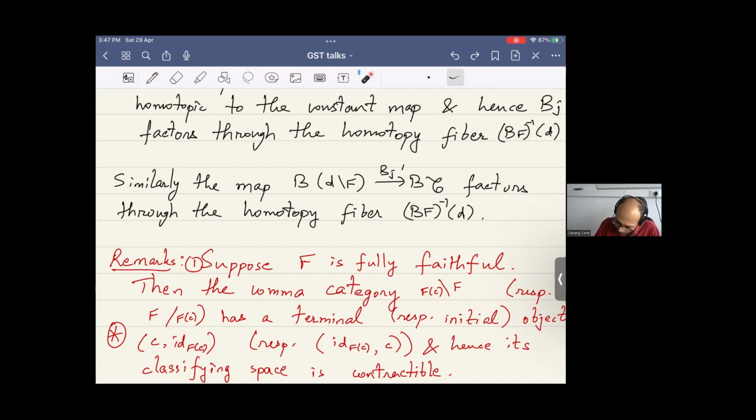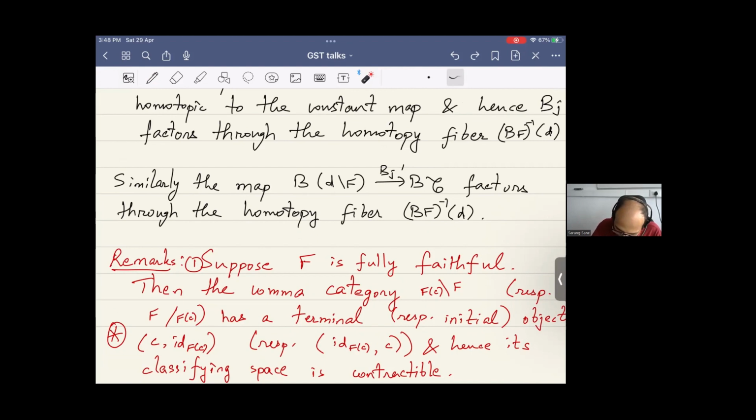So for f of c comma f, this is an initial object, and for f comma f of c, it's a terminal object.